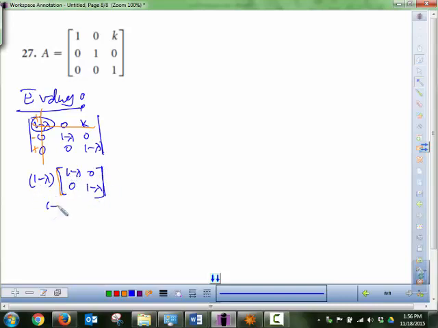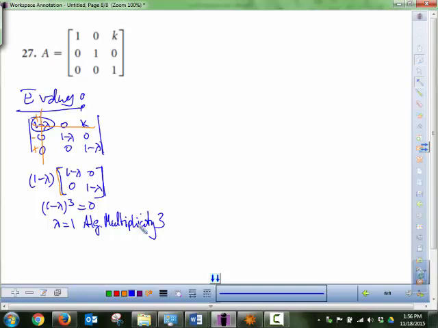So it looks like 1 minus lambda cubed, right? So if this is set equal to 0, I have lambda is equal to 1 with, let's call it algebraic multiplicity of 3.